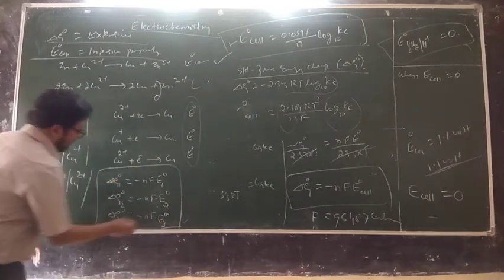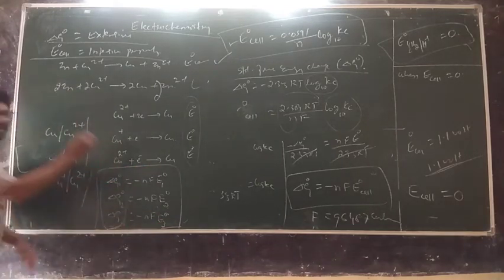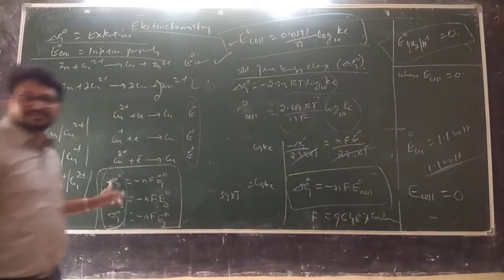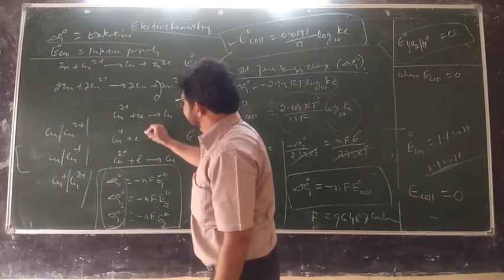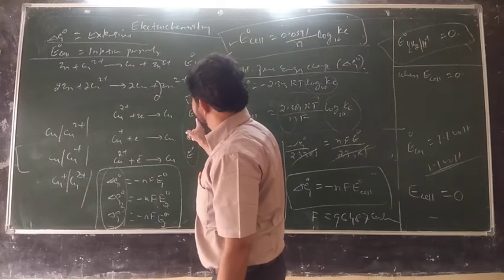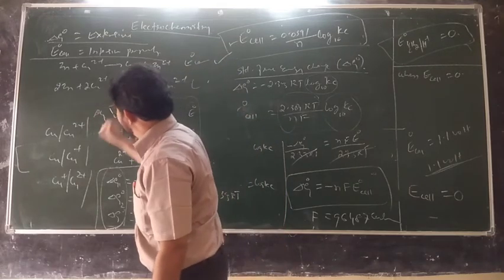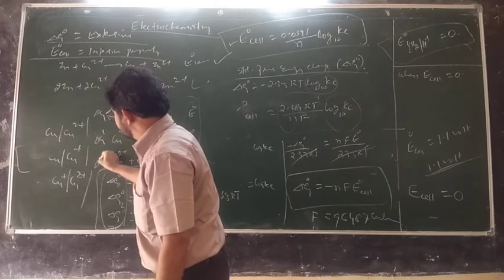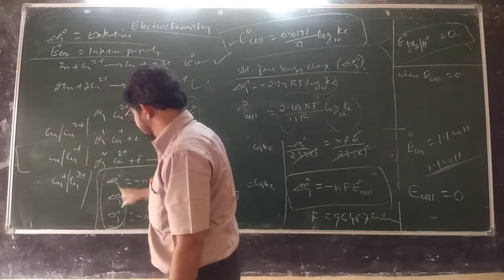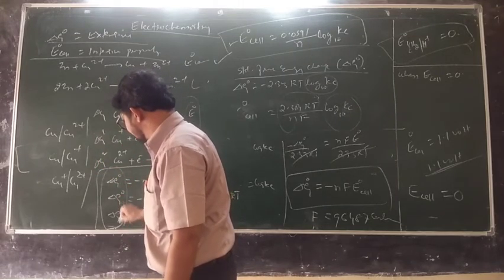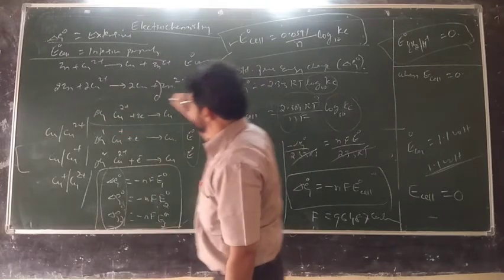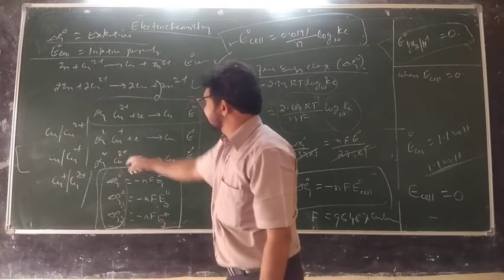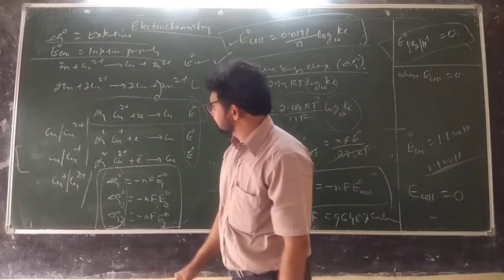Separately you write, and this part can be added. Say delta G1, delta G2. So delta G for 2 electrons is 1 electron plus 1 electron. Add this, you will get it, no?